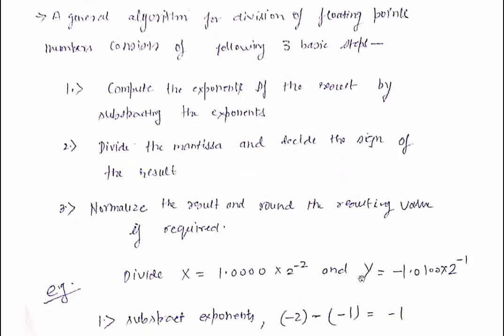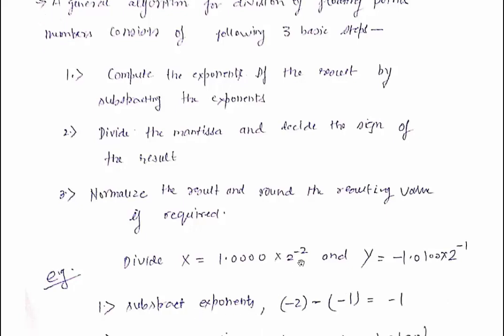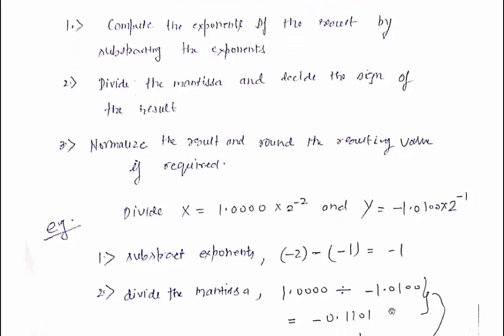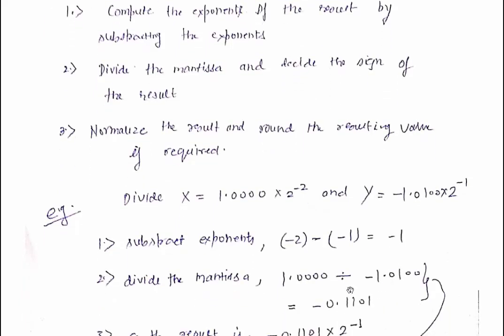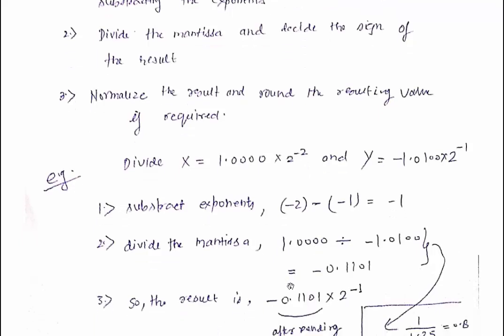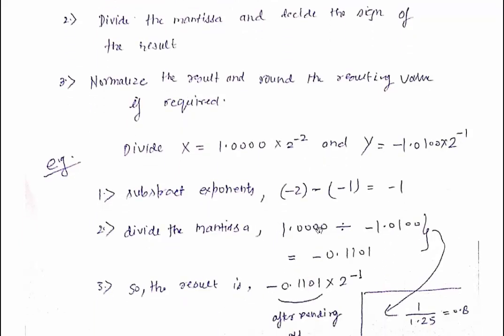Let's take the previous example itself. To divide x by y, you subtract the exponents: minus 2 minus minus 1, so the resulting exponent would be minus 1. Now you divide the mantissas: 1.000 divided by minus 1.01. How do you perform the division? This is 1, and this is 1.25 when you convert it to decimal.